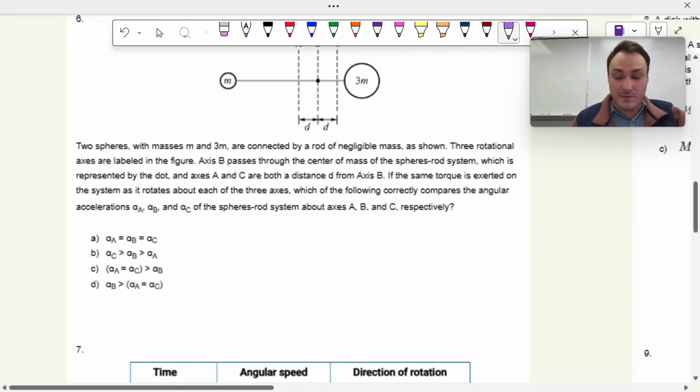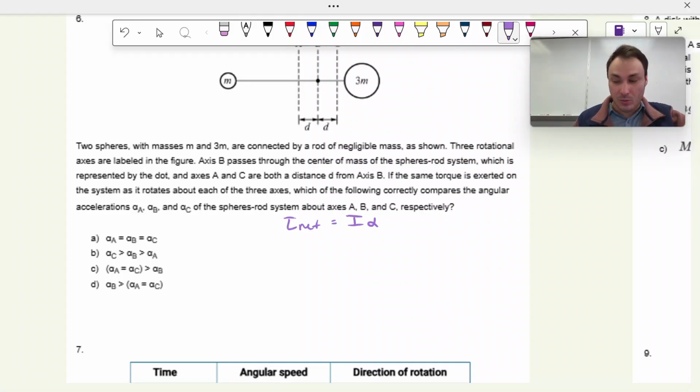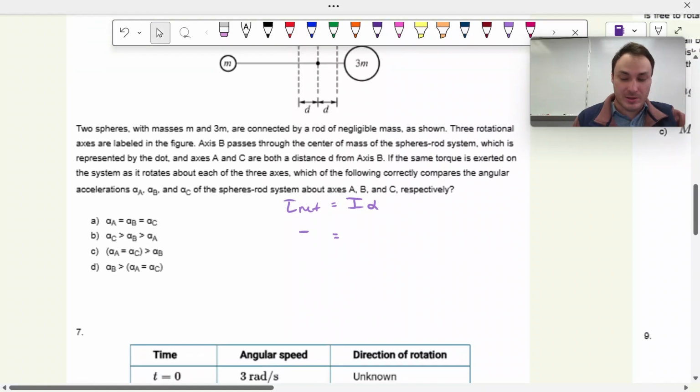Okay, we know that net torque is equal to I alpha. What we're saying is the net torque for all 3 of these options, ABC, is the same. We're going to spin this object about these 3 axes.